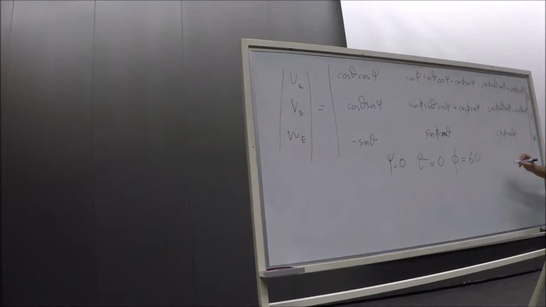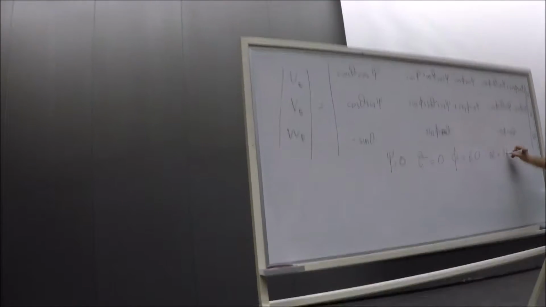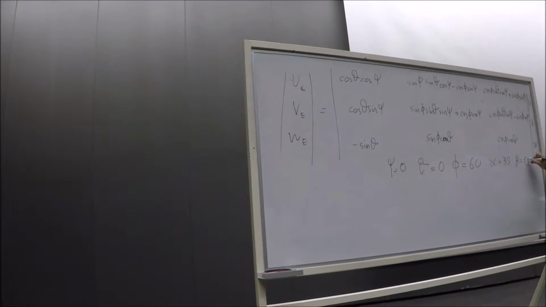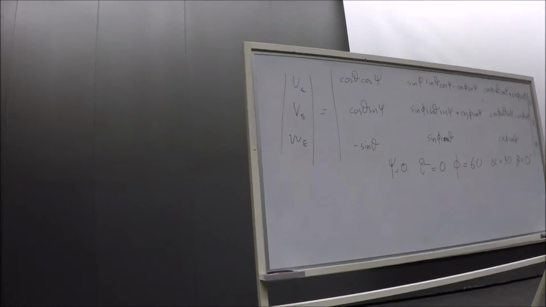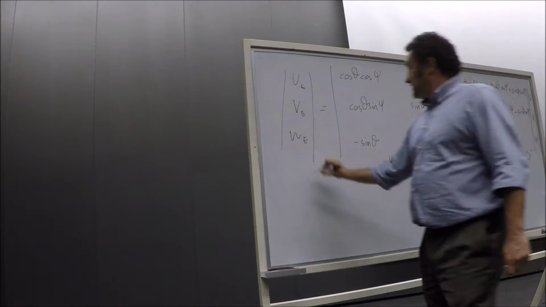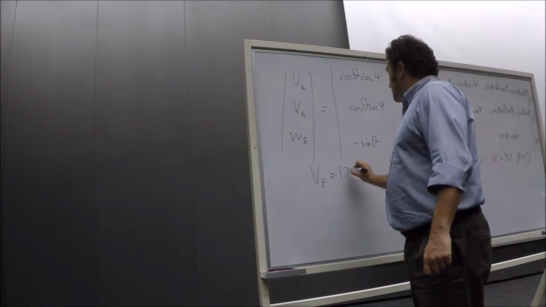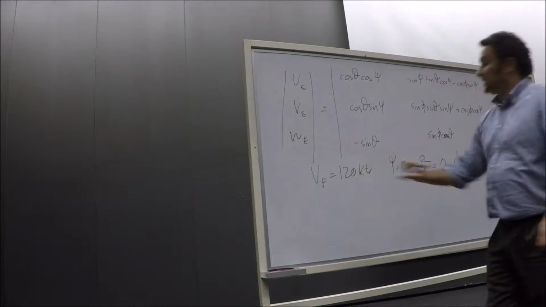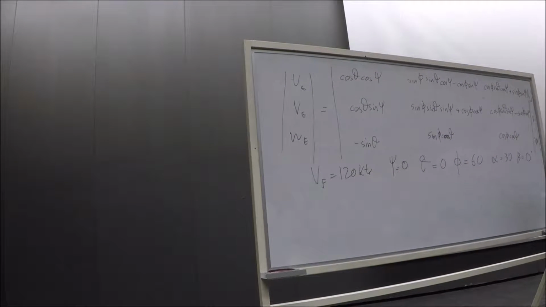Angle of attack alpha, which is 30 degrees, and the side slip as 0, and the airspeed as 120 knots.